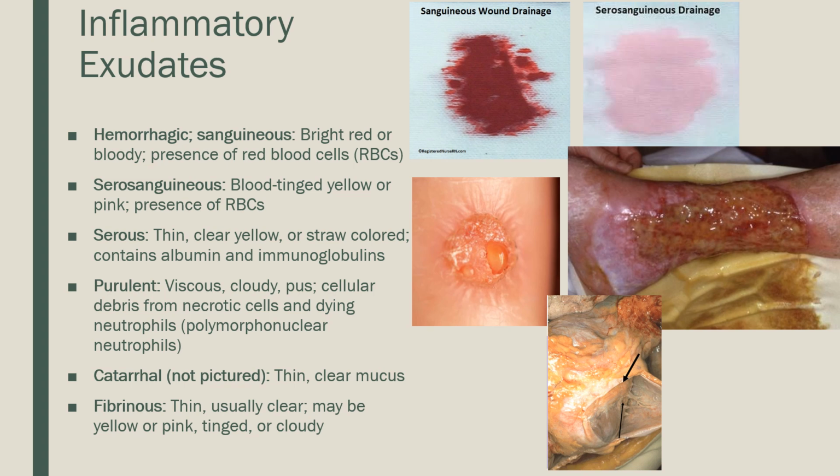Catarrhal is thin, clear mucus seen with inflammatory processes within mucous membranes such as upper respiratory infection. Fibrinous is thin, usually clear, maybe yellow or pink-tinged, or cloudy. It occurs in severe inflammation or bacterial infections and does not resolve easily. It can cause fibrous scarring and restriction.